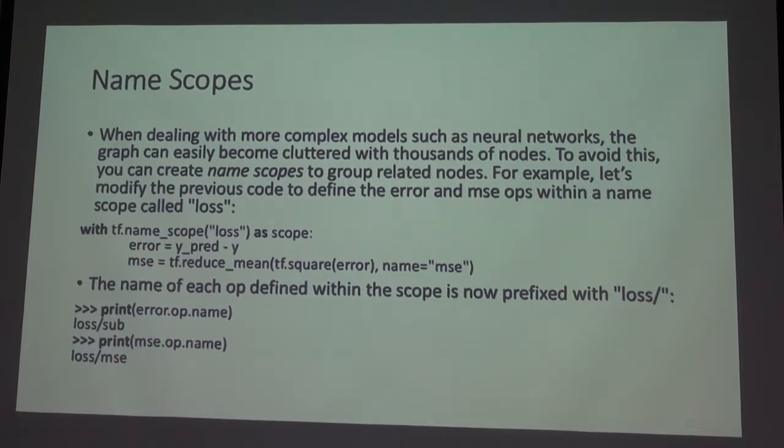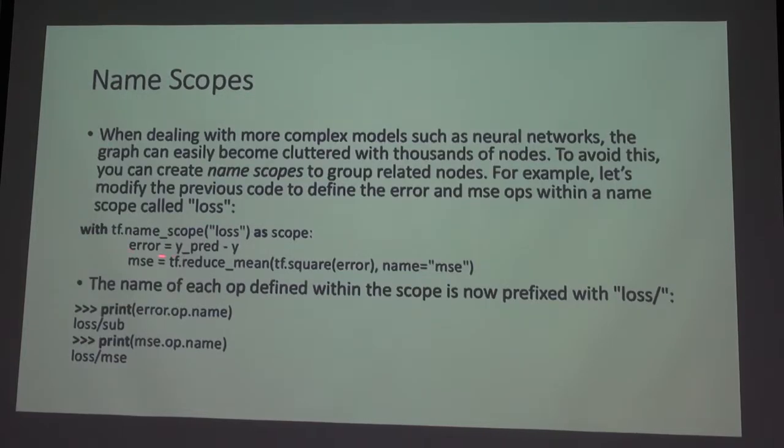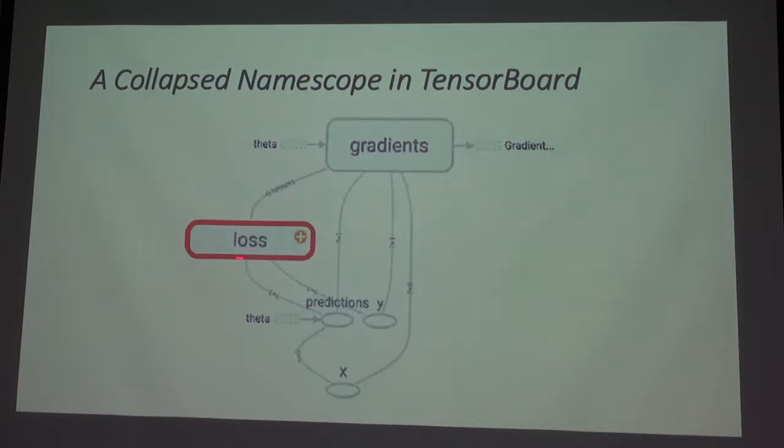To be exact, if you look at the TensorBoard, it's going to be something like this, where the error and MSE will be grouped into this big node, loss, with the ability such that you can expand it to see the detail.